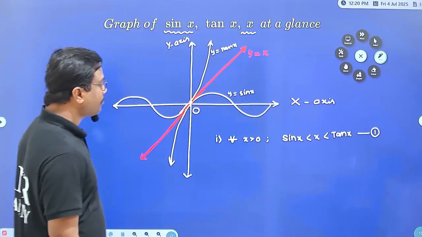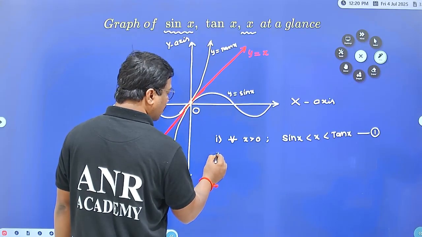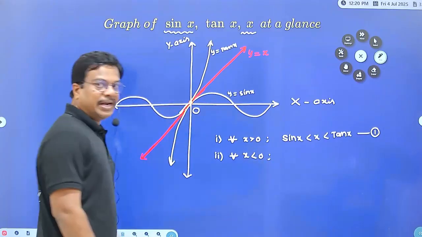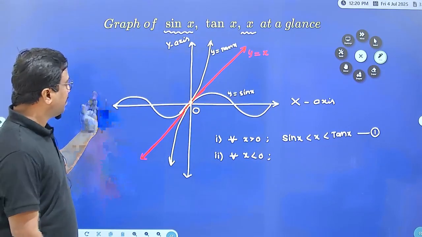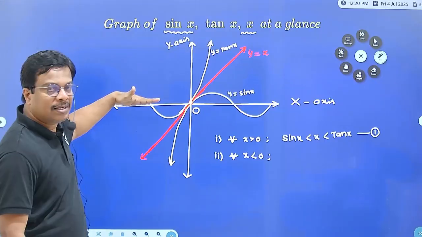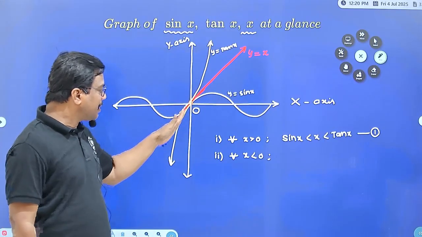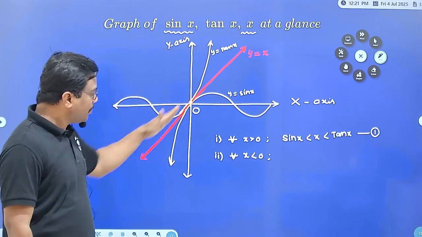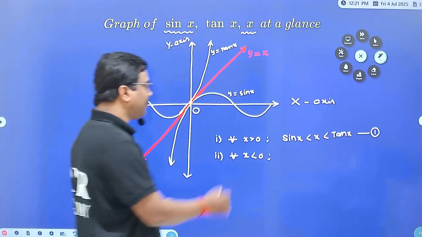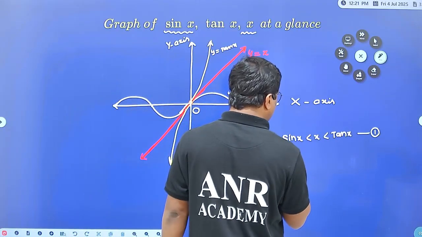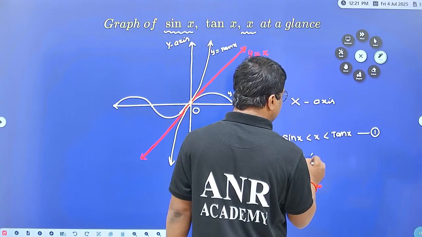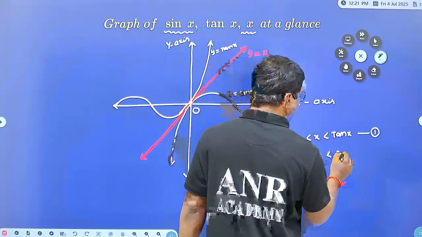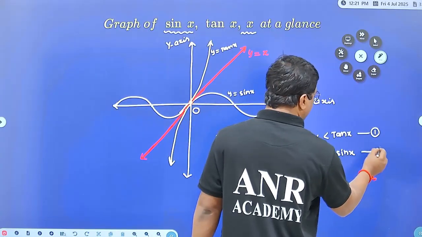Second, for all x less than 0, for negative values of x, sin x values are greater and the least values are the values of tan x, and in between them you have the values of y equal to x. So for all x less than 0, tan x values are least compared to x, and x values are least compared with sin x. This is the second one.